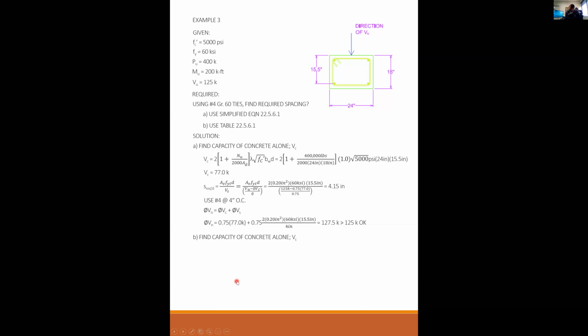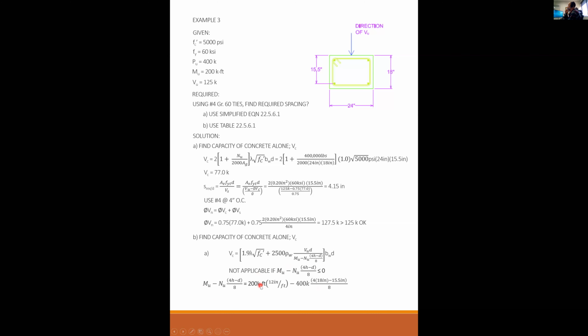Okay, what if we use table 22.5.6.1? All right, so Vc now is equal to 1.9 lambda square root of f prime c plus 2500 rho w Vu d over Mu minus Nu (4h minus d) over 8. Not applicable if Mu is greater than this term. So let's calculate this term.